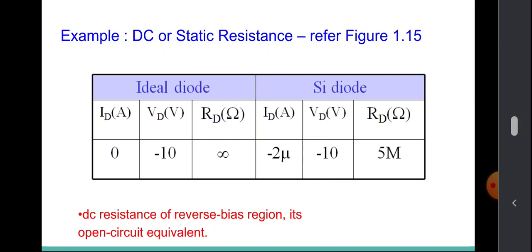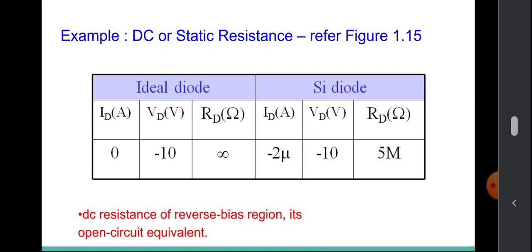Okay, so another example, in the ideal diode, if the current is 0, the voltage equals negative 10 volts and the resistance equals infinity.